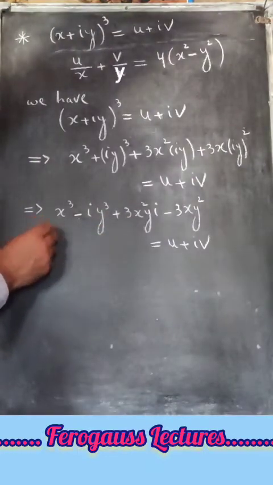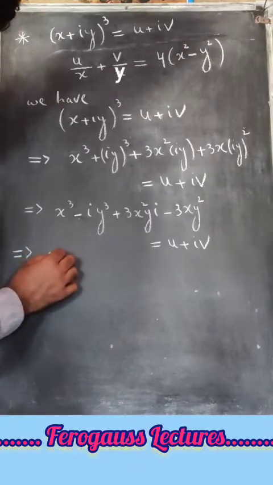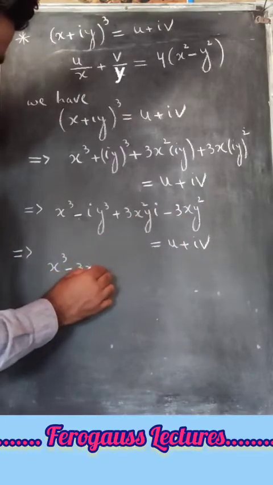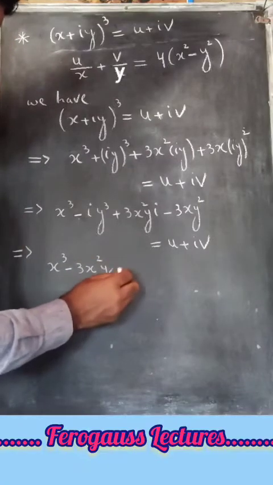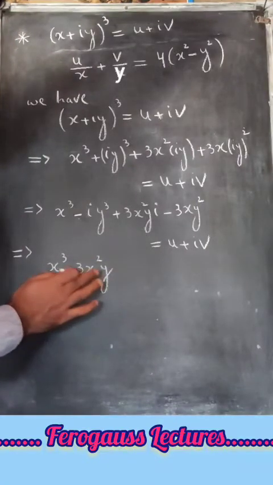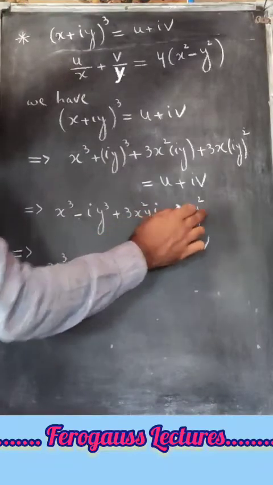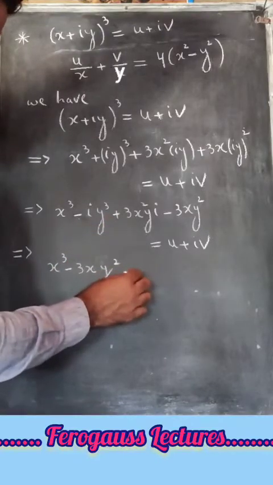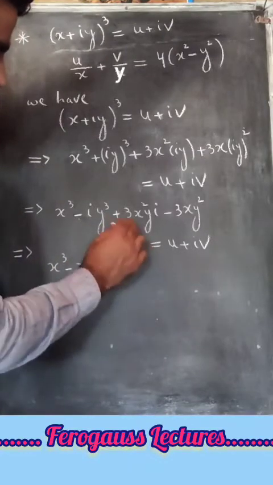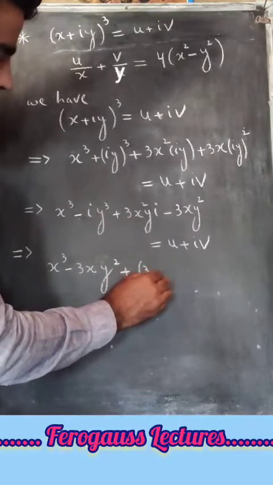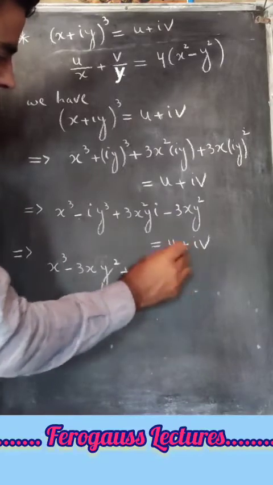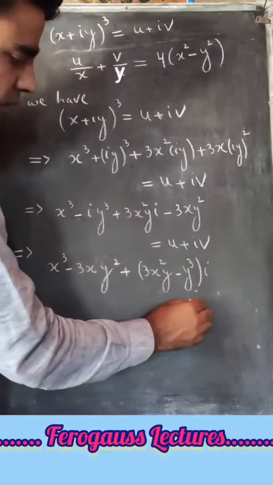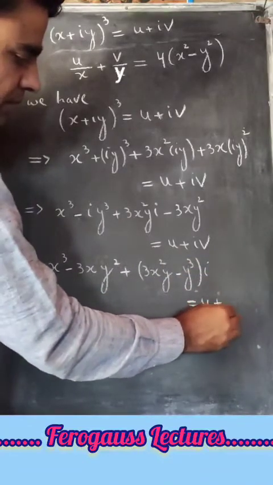Here the real part is x cube minus 3x y square, and the imaginary part is 3x square y minus y cube, times iota, is equal to u plus iota v.